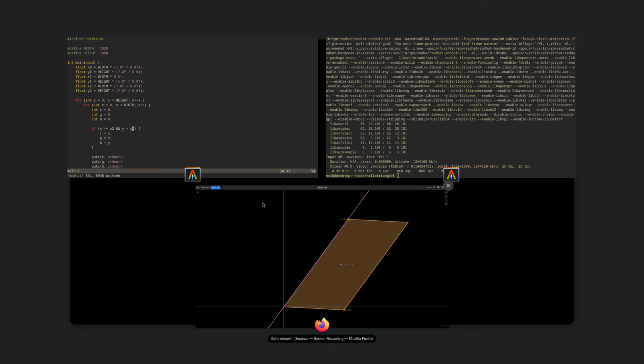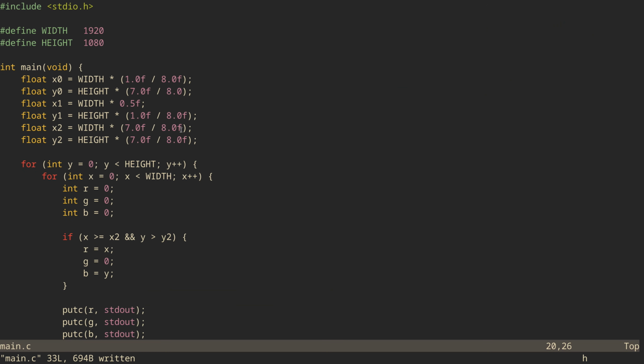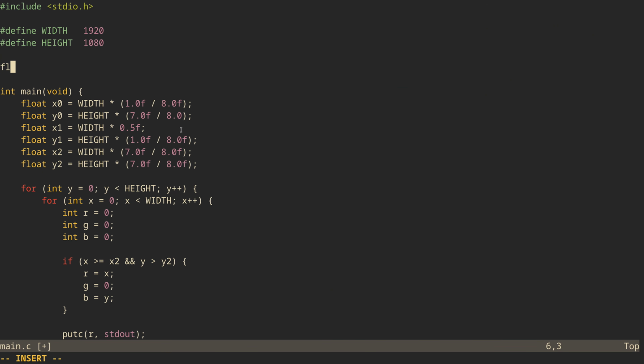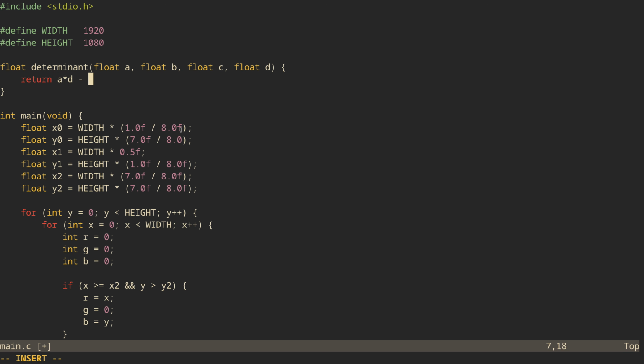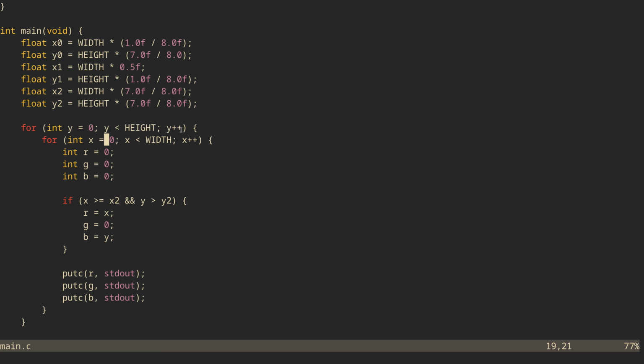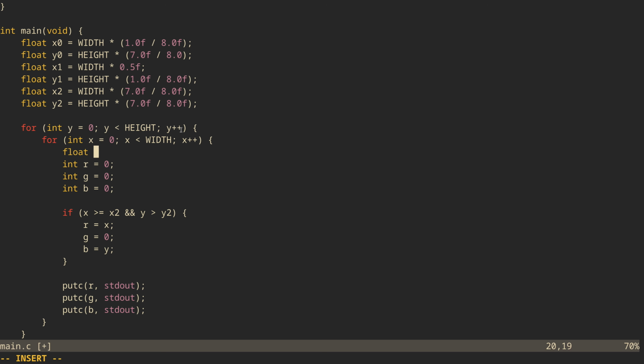So let's use this to check against one of our lines. I'm going to define the determinant function. And let's take the center of a pixel.